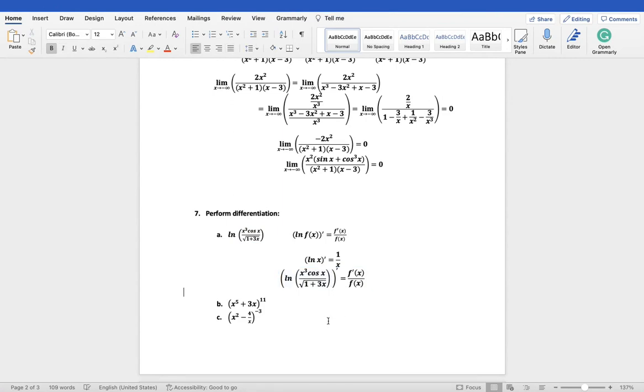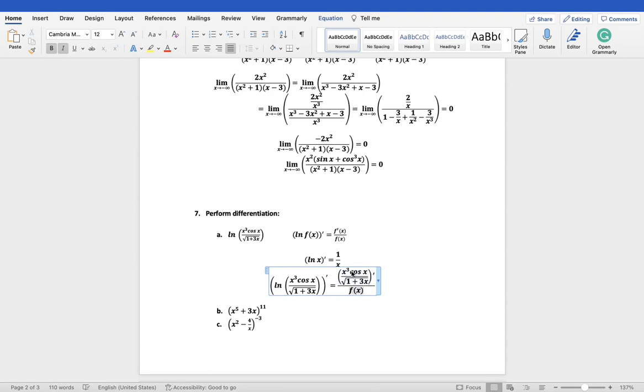So we have this whole function here. And basically what we have to do now is find the derivative of that function divided by the same function, if you apply the formula that we got there.